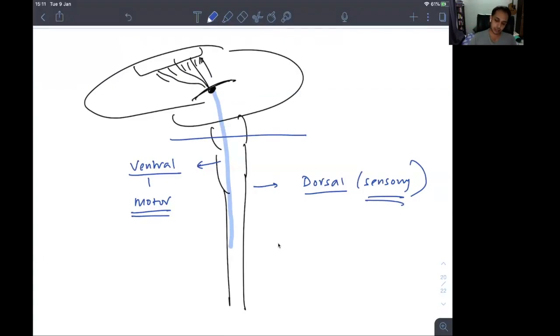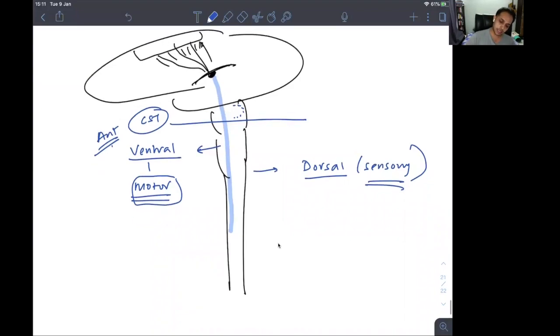So in general, whenever you see the motor tract, so whenever you see the corticospinal tract, that is the anterior part. And all the sensory stuff is arranged in the posterior part of the brainstem. So, right, so that is how the pyramidal tract comes down.